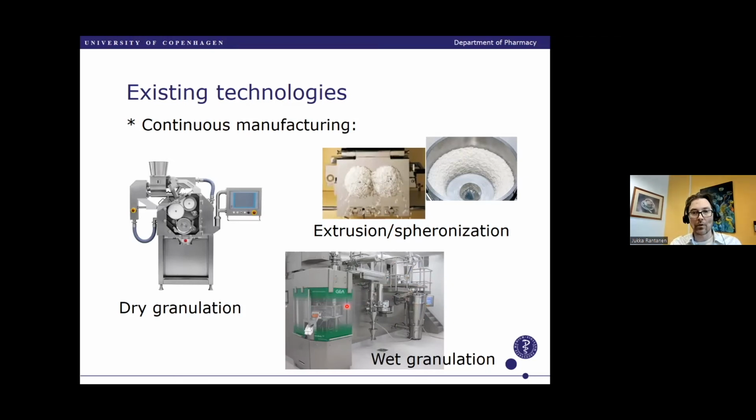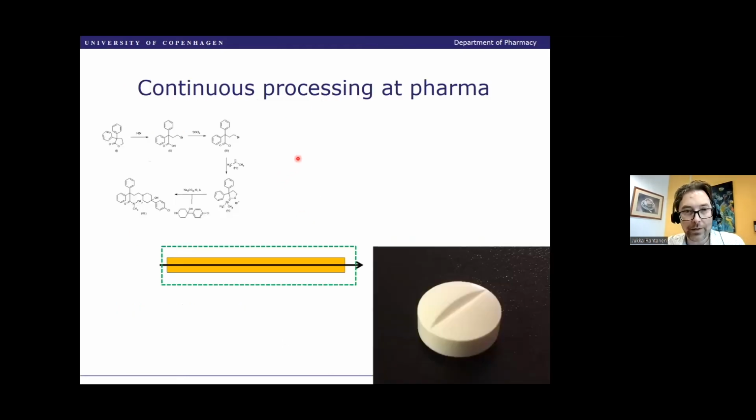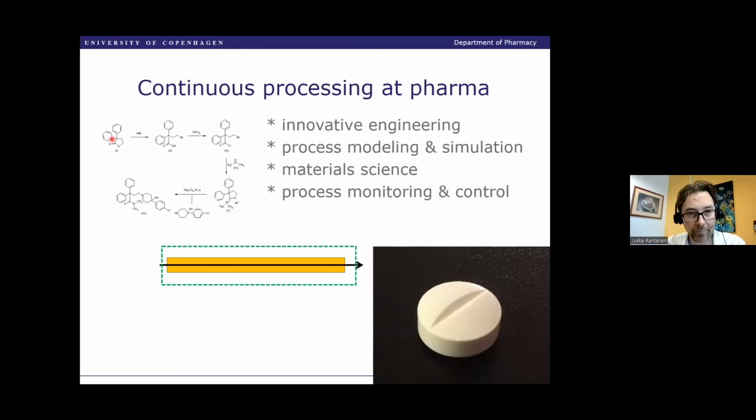And this is all working continuously. There's also an interest to move towards getting all these aspects into continuous processing, and also having continuous synthetic reactions. But this still requires some engineering and indeed some modeling and simulation in order to make it happen.